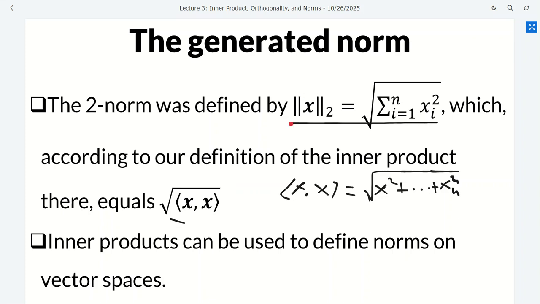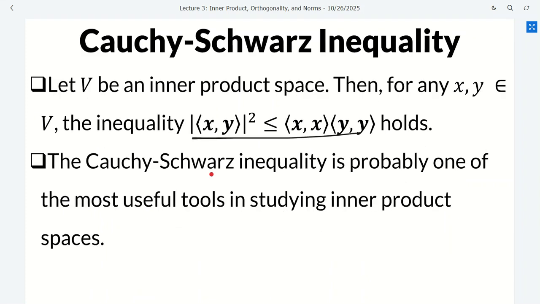When we come back to this place, where we have the inner product squared, according to the Cauchy-Schwarz inequality, the inner product here is less than or equal to the inner product of the vectors. The same thing. Last week, this is what we saw.